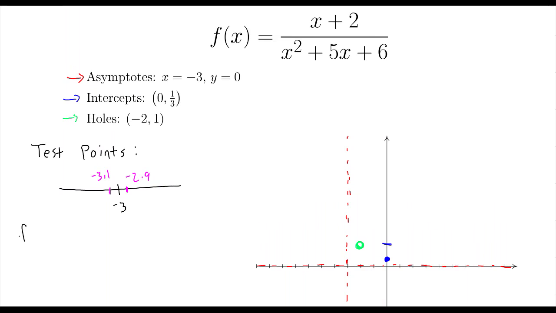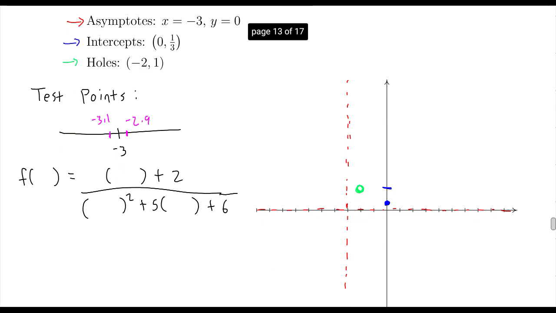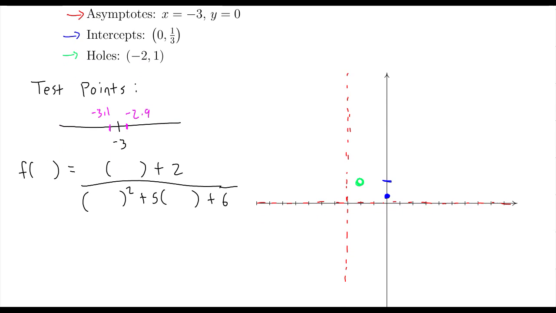So f of -3.1 will equal, leave my spaces and plug it in after, plus 5 times that, plus 6. All right, and then go back down, give myself some room to work. -3.1.